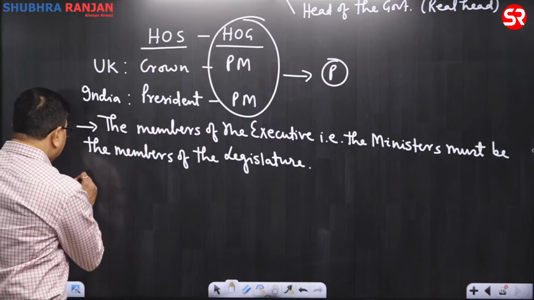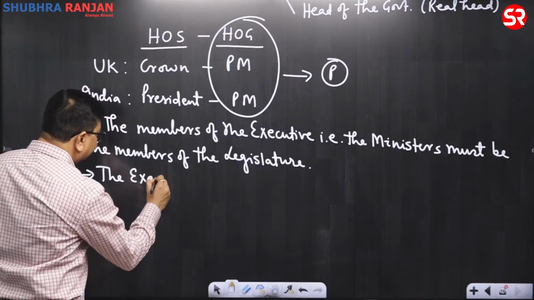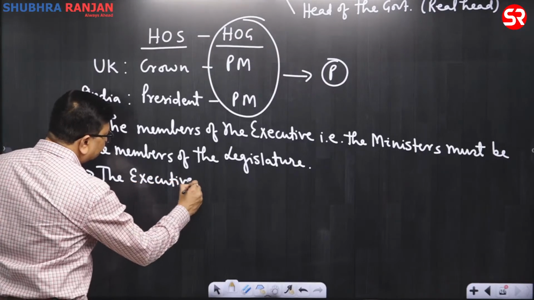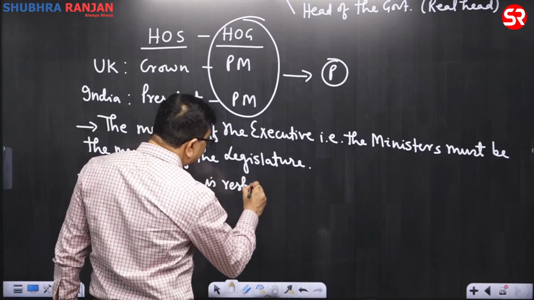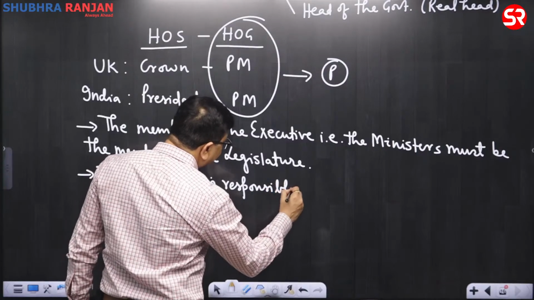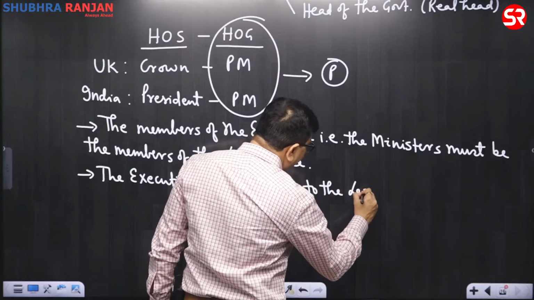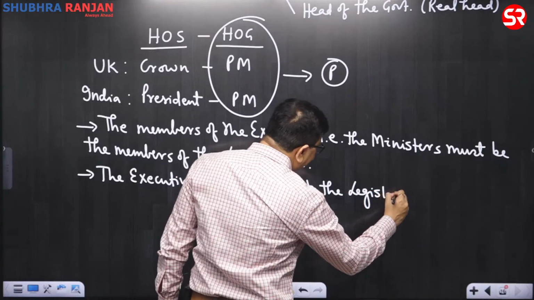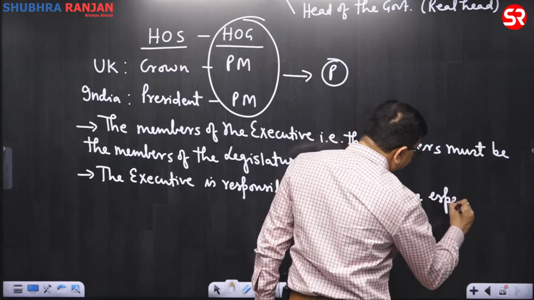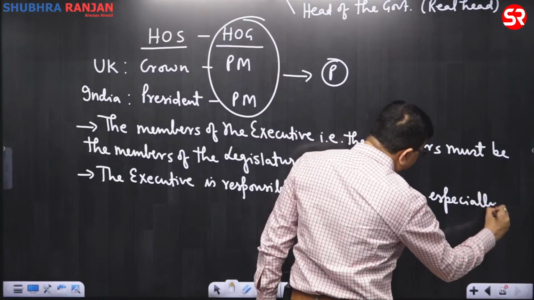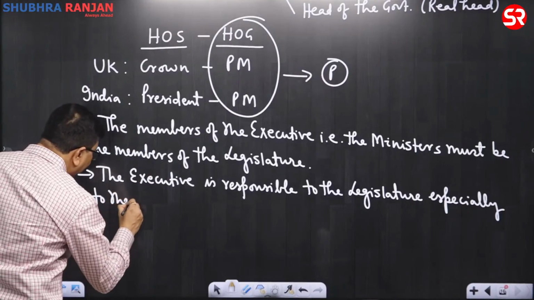And thirdly, the executive is responsible to the legislature, especially to the lower house.